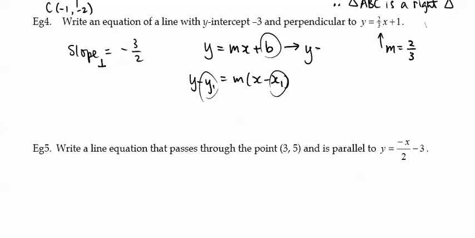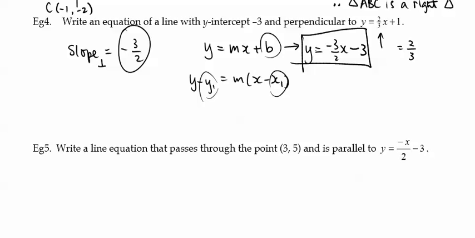And we will have y equals slope times x plus the y-intercept. -3 for the y-intercept. The plus here will now be a minus. This will be the line equation in this case.